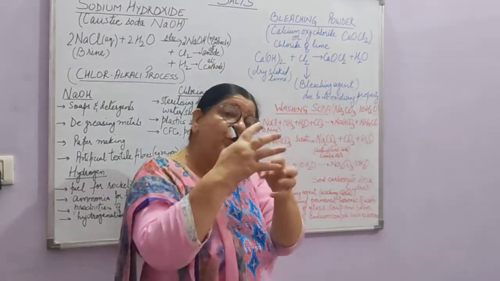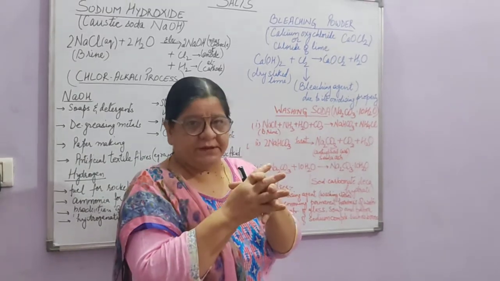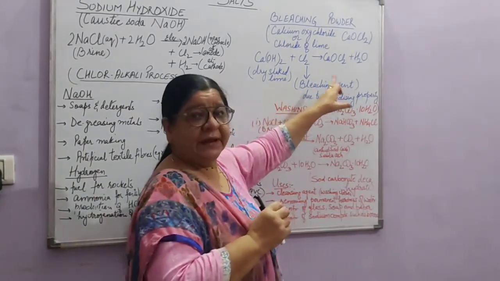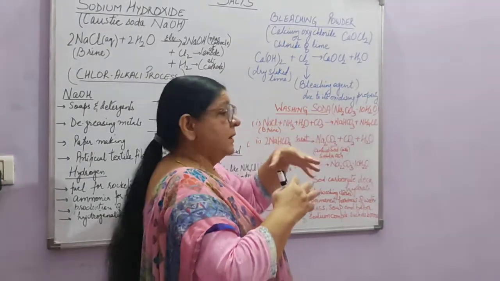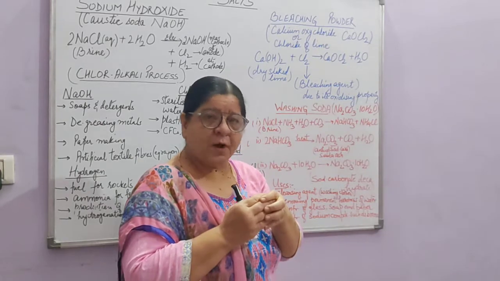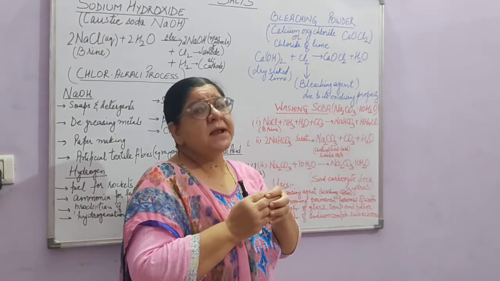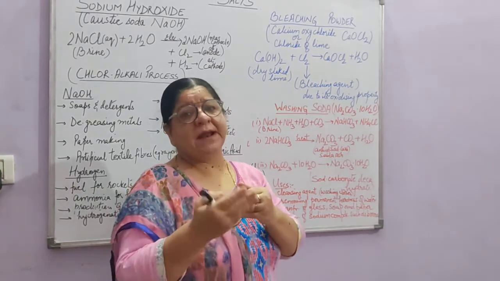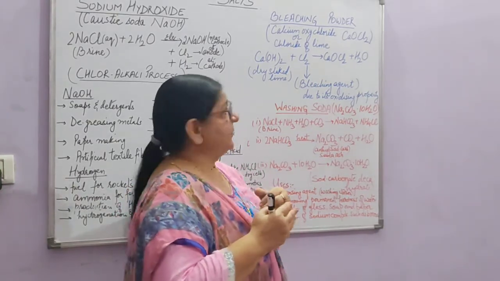Bleaching powder is used to store this chlorine. Chlorine is actually the bleaching agent in it, which is due to its oxidizing property. Chlorine has an oxidizing property, and for this purpose it can be used as a bleaching agent, right?